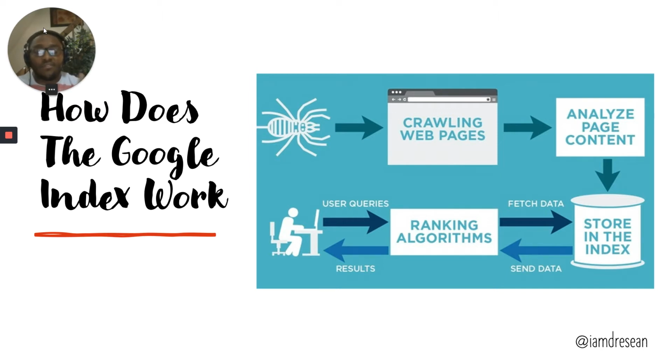Then the data is fetched from the index and the result is served to the user, right? After the algorithm is applied, once it meets the criteria that Google thinks is good enough to be shown and displayed, the users then see the results. So you can see that process right here: stored in the index, user types in a query, data is fetched, and so on.